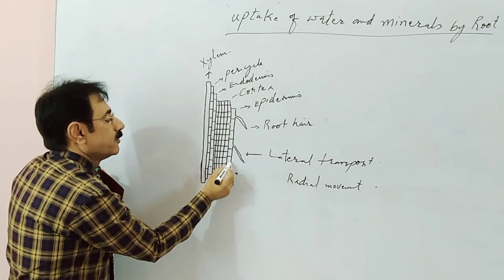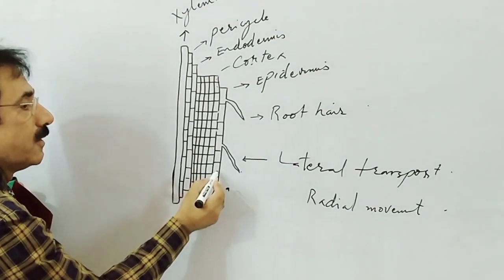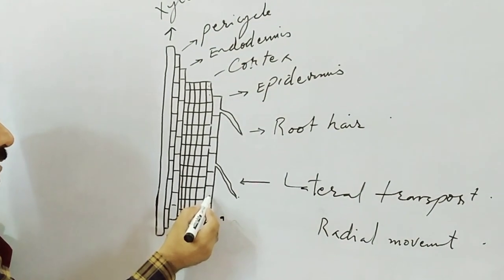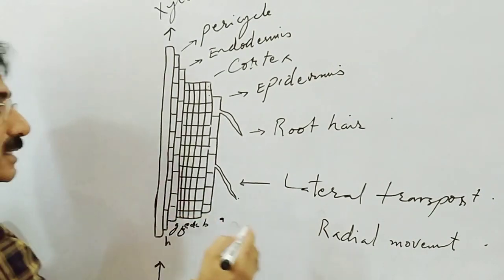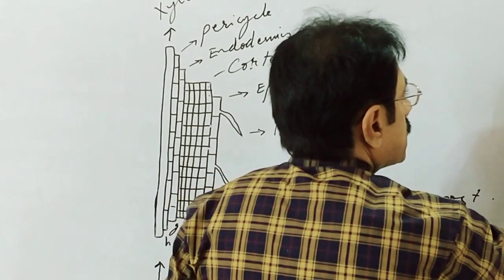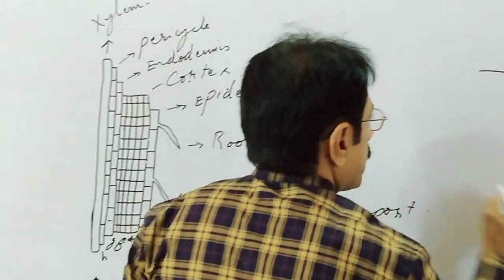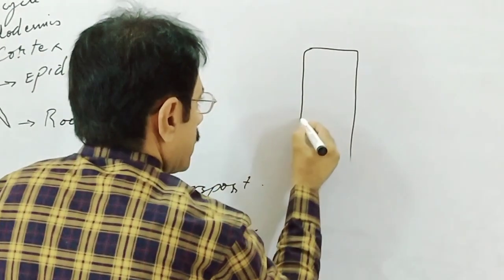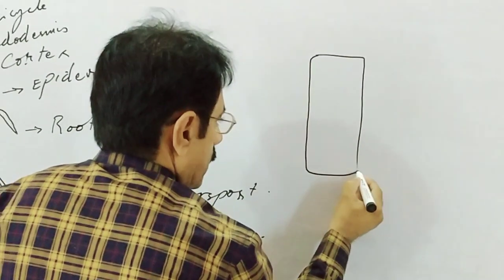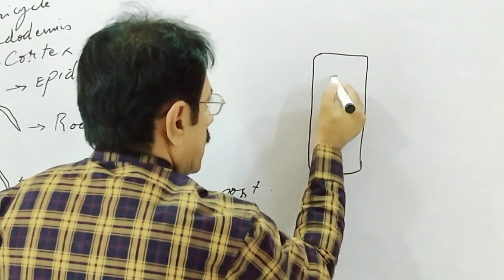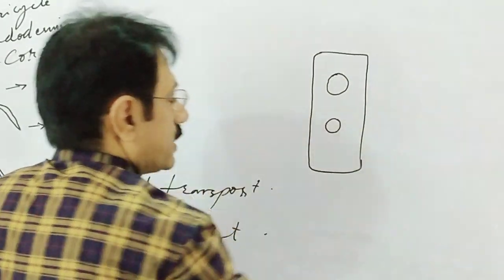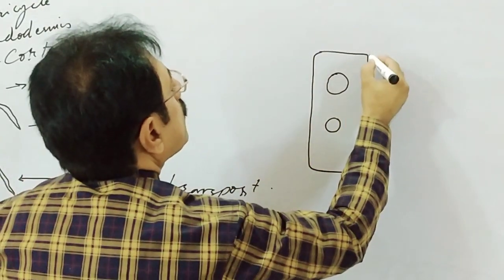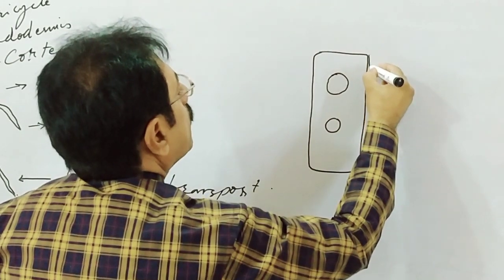that moves across the membrane, when the water molecules move from the cell wall across the membrane, let us see here in this diagram. Suppose this is the plant cell, an epidermal cell having a vacuole, this is the nucleus, and this is the cell wall.